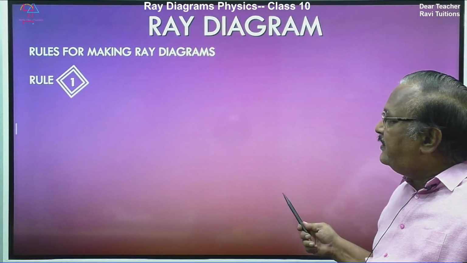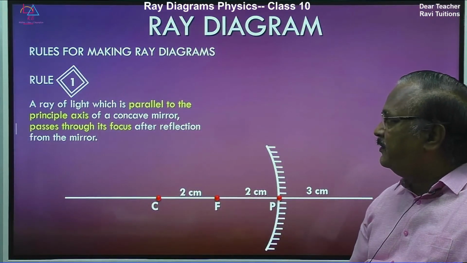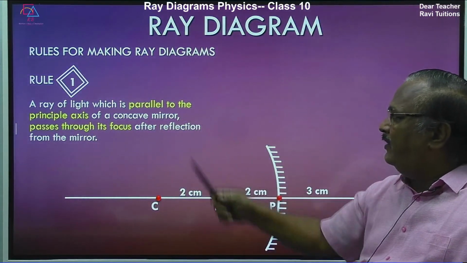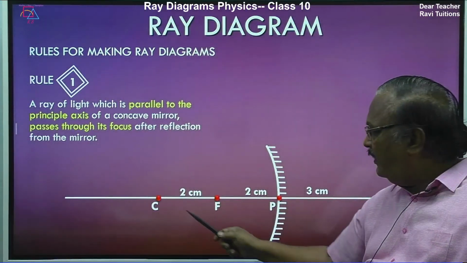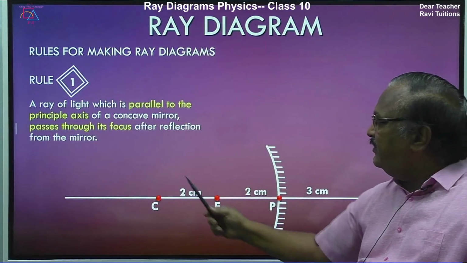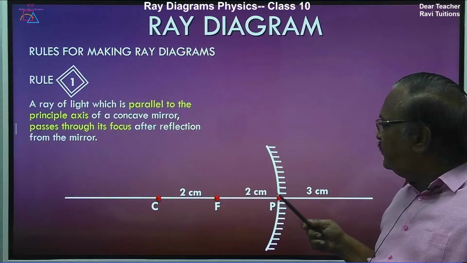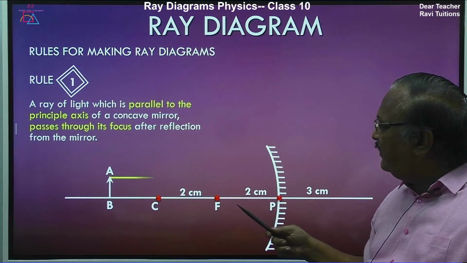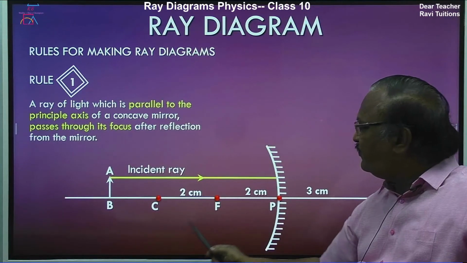So when you have this setup, the first is parallel. Any line parallel to the principal axis, this is the principal axis. If a line is going parallel to the principal axis, it will definitely reflect through the focus.